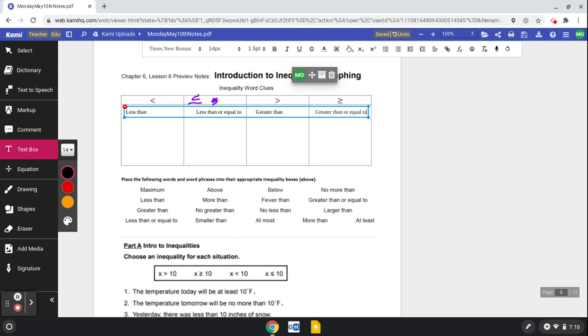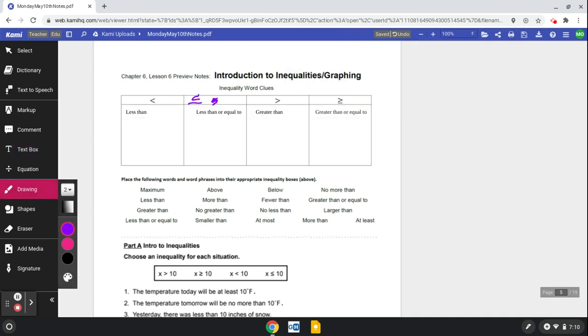We used our less than, our greater than, less than or equal to, greater than or equal to. Maximum means the most that something could be. Oops, sorry.